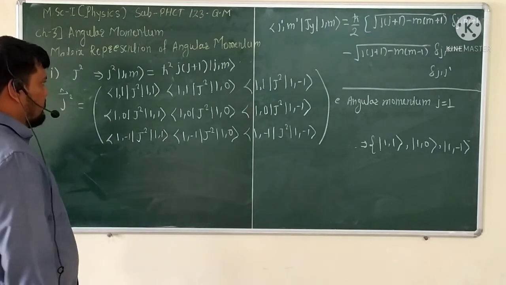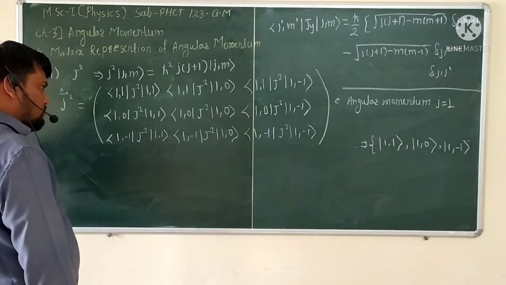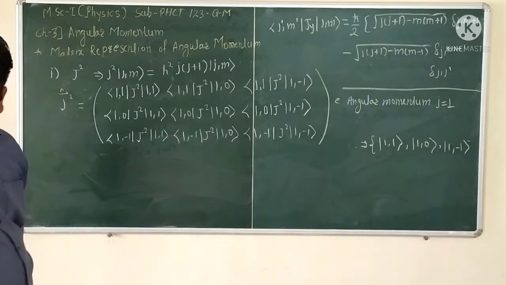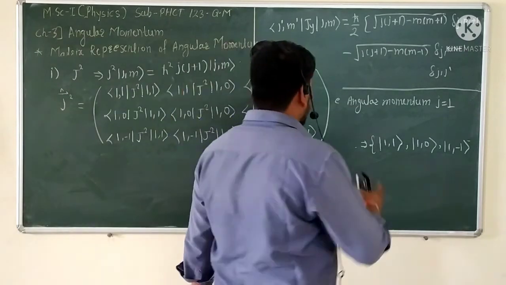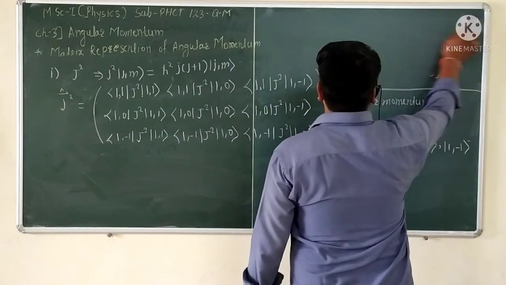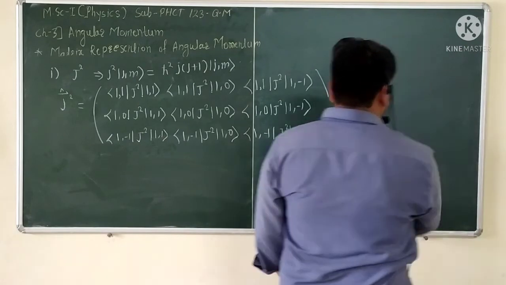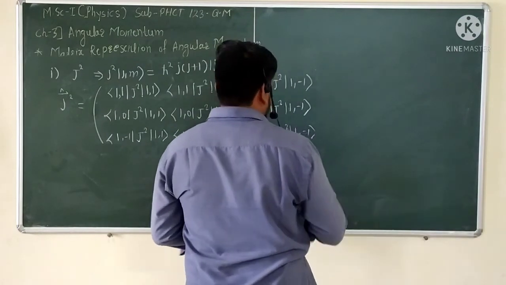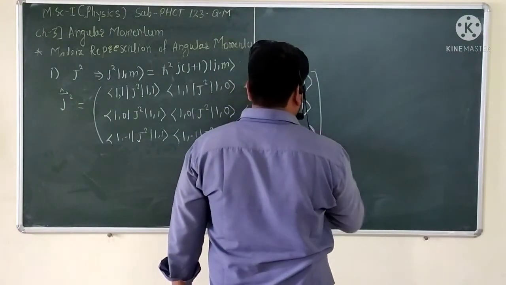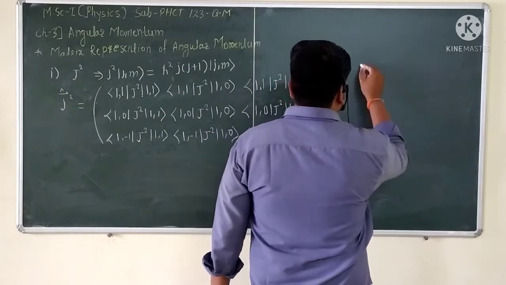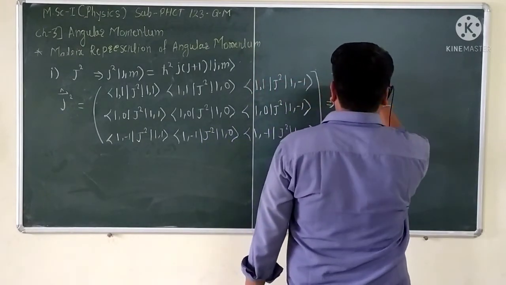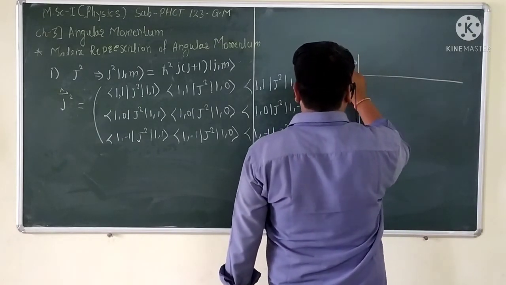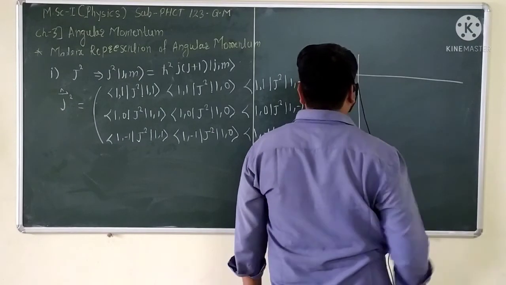Okay, and you already know the matrix representation of this, so if we write it here, that is the j square matrix representation.